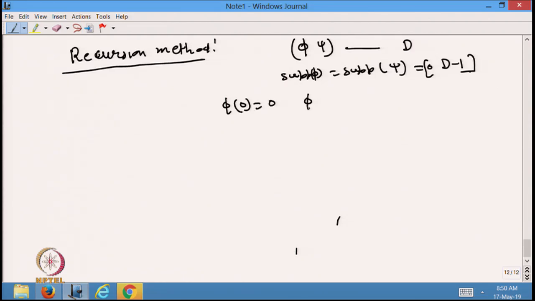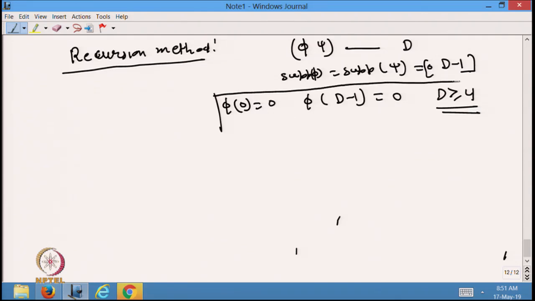This is also proved in the book of Ingrid Daubechies, Ten Lectures on Wavelets. Also phi(0), at the end point, is 0 for D greater than or equal to 4. This relation is in the book Ten Lectures on Wavelets by Ingrid Daubechies. So we will be using this relation in the recursion method.